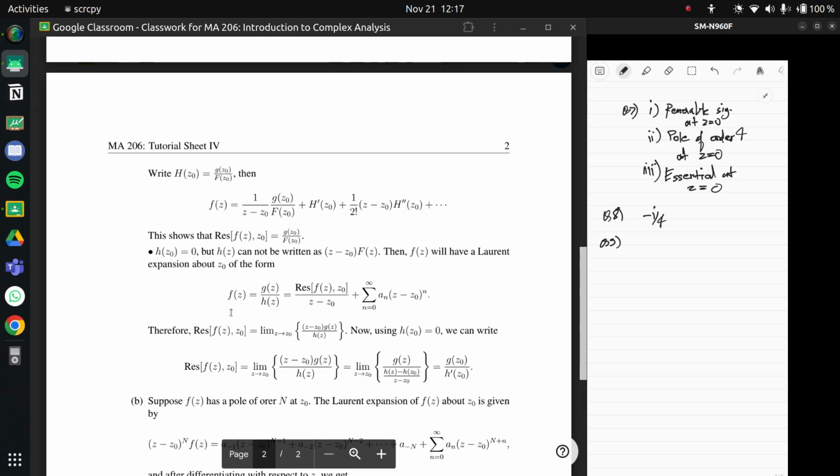So let's just say f is g by h, and that's the residue. Okay, that's just by definition. So if it has a Laurent expansion, we can do this. It's just the residue of f at z naught upon z minus z naught. That's this summation from 0 to infinity. So there are no other powers involved. There's no negative or anything.